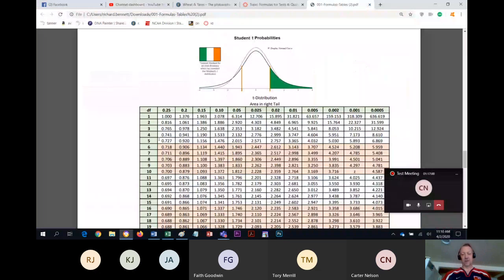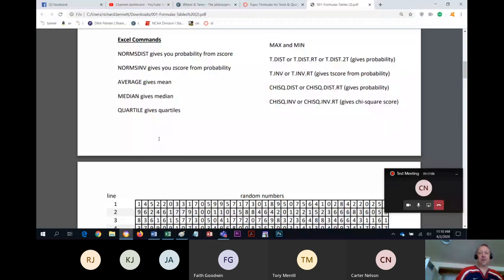Let's look back here. Those are all your Excel commands. It's T.DIST. Is it T.DIST right tail or left tail? How do we know that?